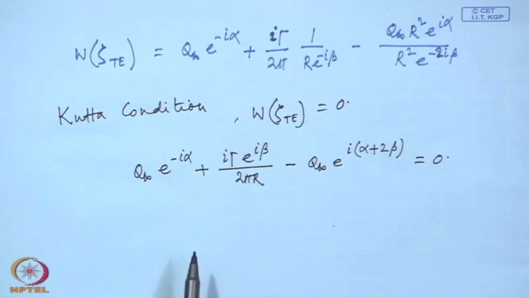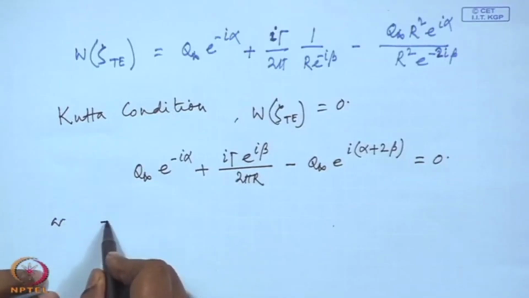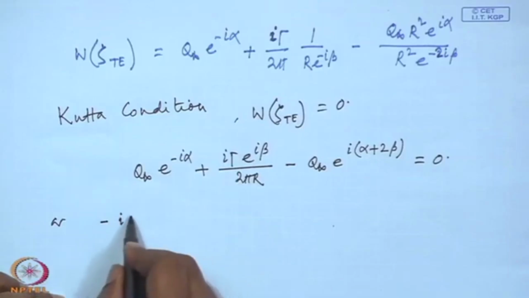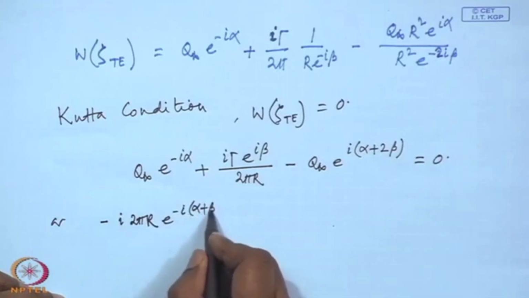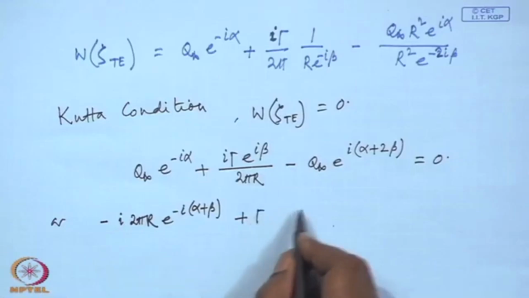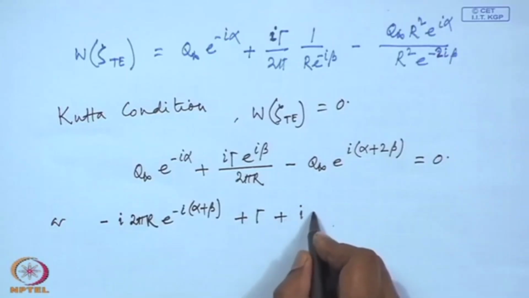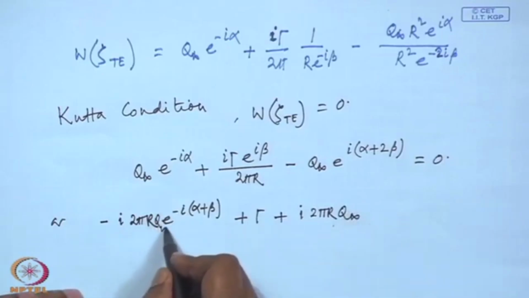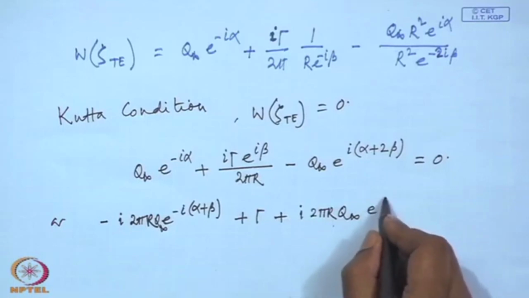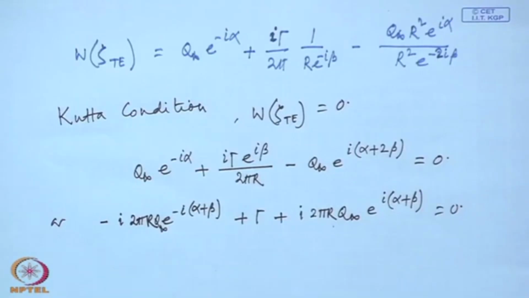What happens if you multiply by that minus i e to the power minus i beta 2 pi r? This q infinity I have missed. Okay.